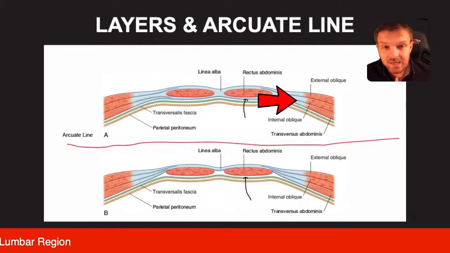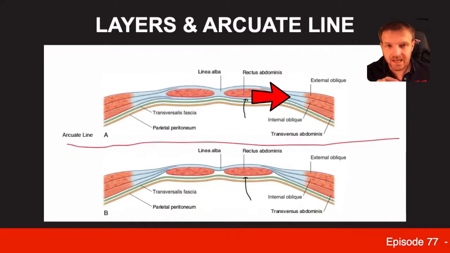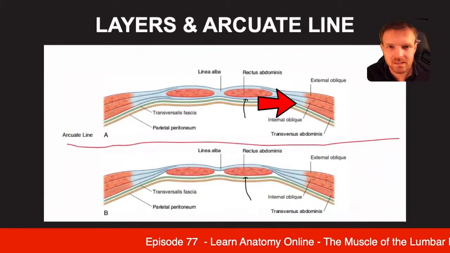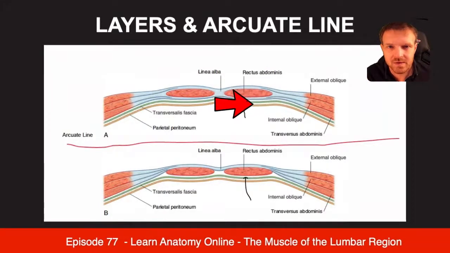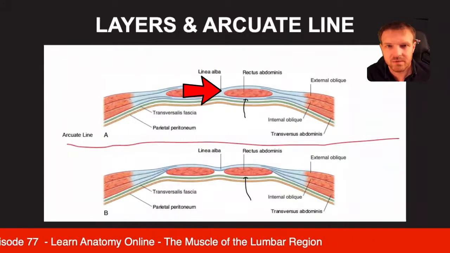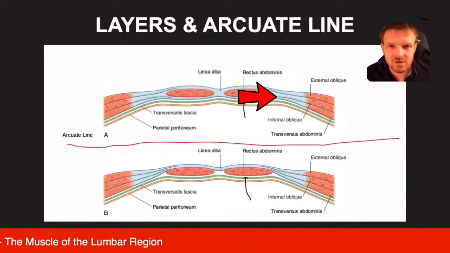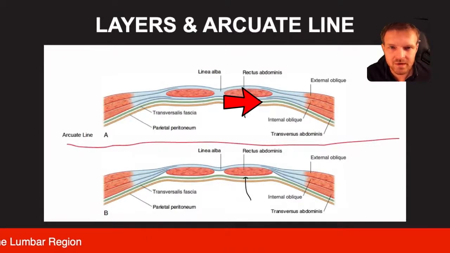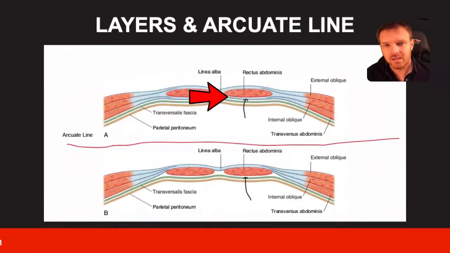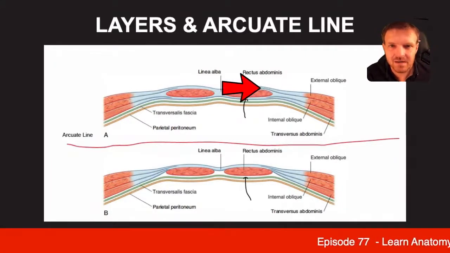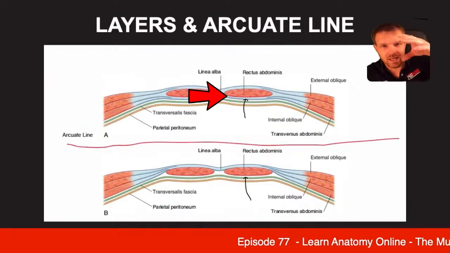And that's got an aponeurosis as well, so it's a flat tendon. But the internal oblique is a bit different. Whereas the transverse abdominis is flat and wraps underneath and then joins in the middle here, the internal oblique splits into two.